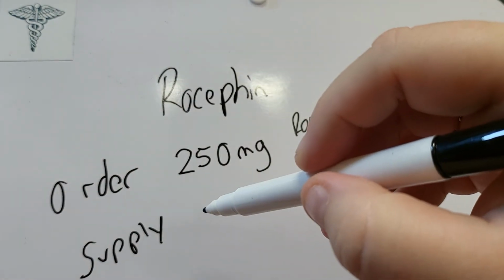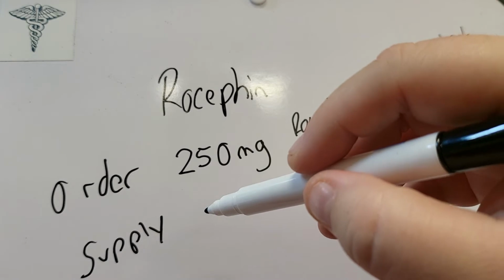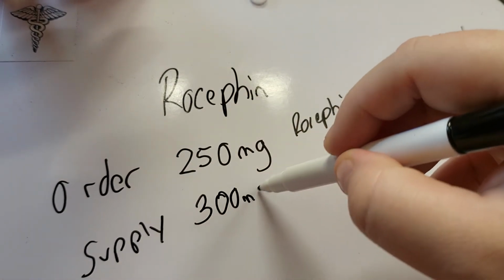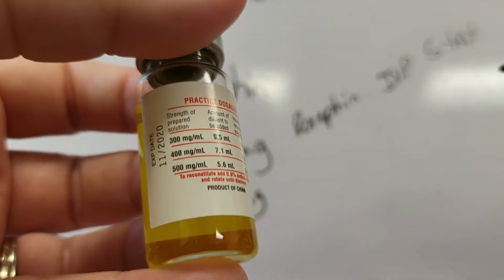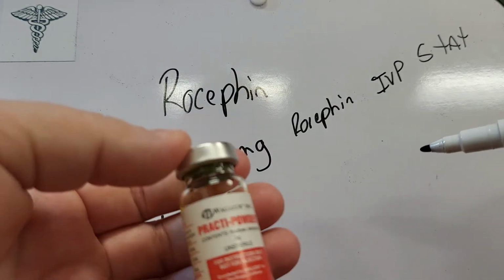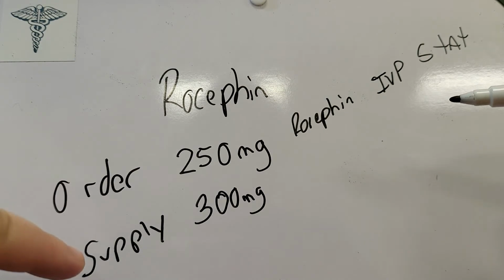Now your supply is 300 milligrams, because that's what this says. You made a 300 milligram dose. So now this is the supply. Order over supply, or desired over have.